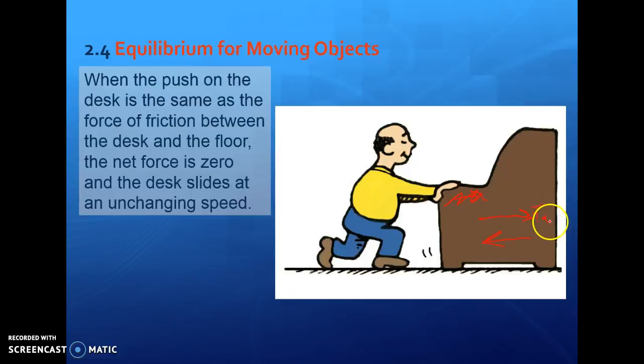Force applied is equal to force of friction. Now you still have your force of gravity, and you still have your normal or support force. But it isn't until the applied and frictional forces are equal that this thing can be moving.